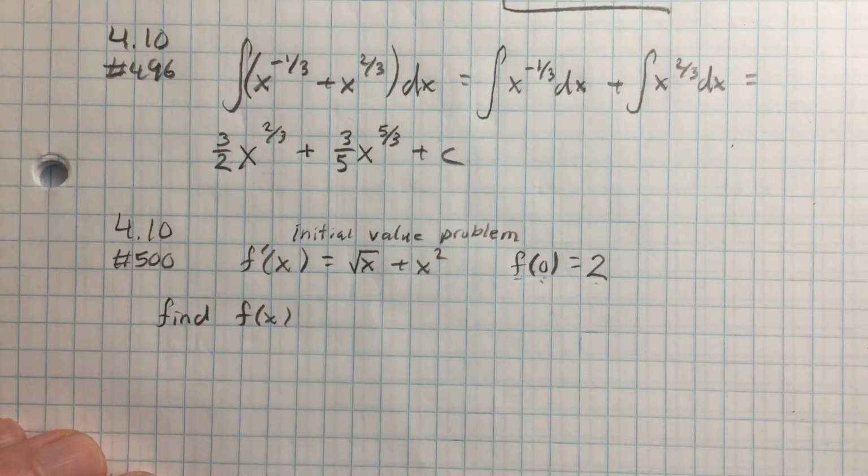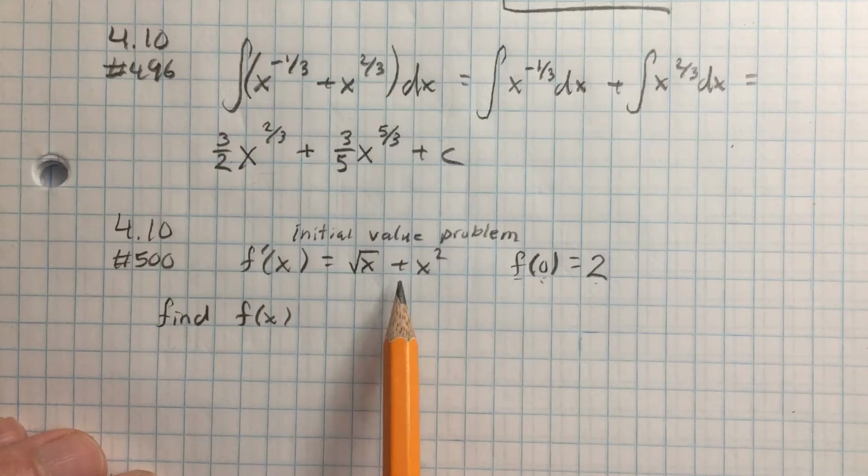So in a way, it's a bit abstract, but this is like finding the equation of a line. When you find the equation of a line, the usual information you're given is a slope and a point. Because a line has a constant slope, when they give you the slope, it's just a number.